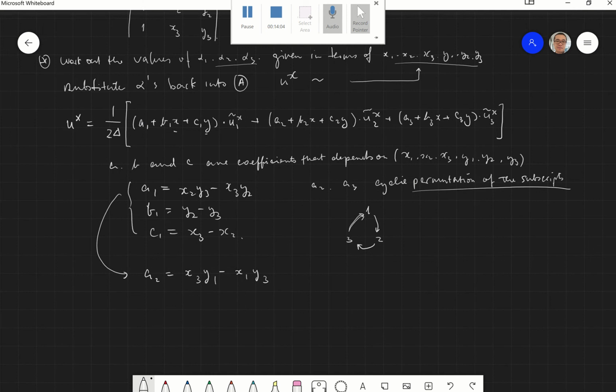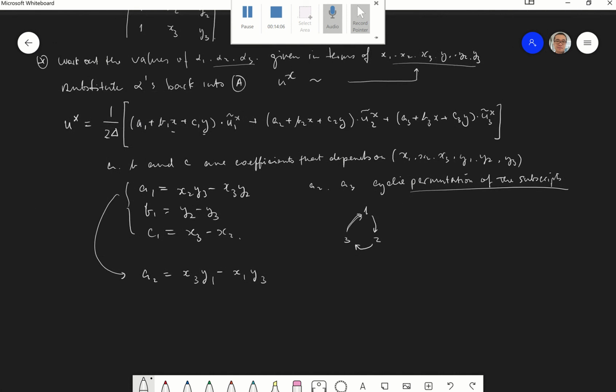So now we have solved for this shape function in this form, okay? Right?